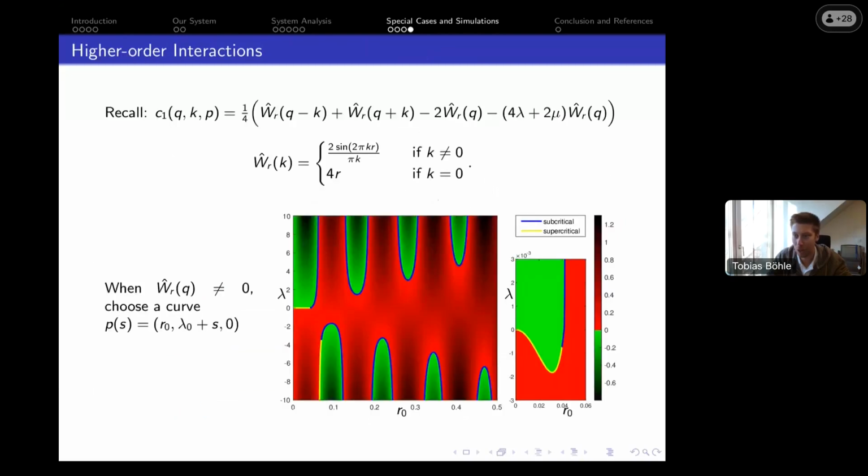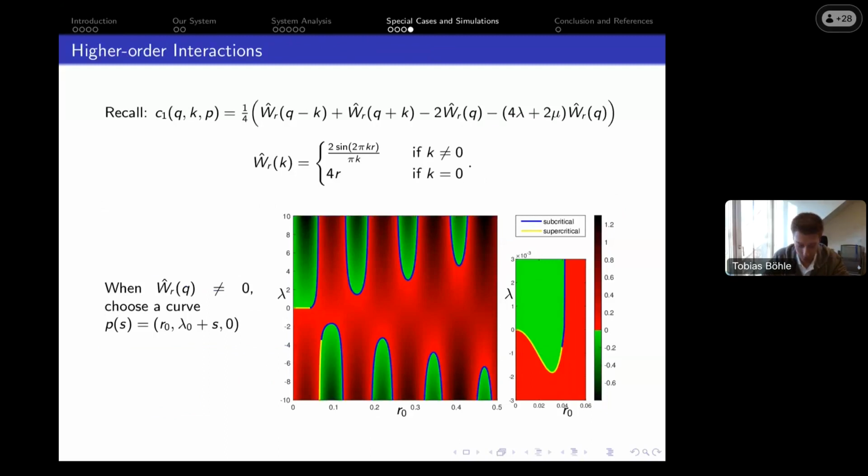Okay, one more slide about some higher order interactions. Previously we haven't considered these higher order interactions, so now I want to mention what the contributions of these higher order interactions are.